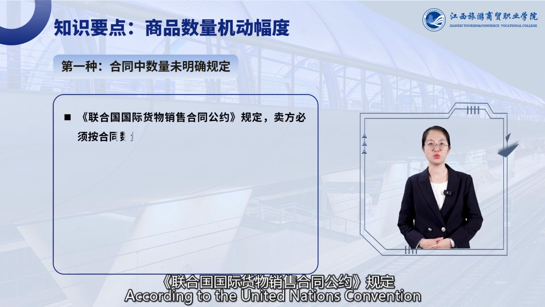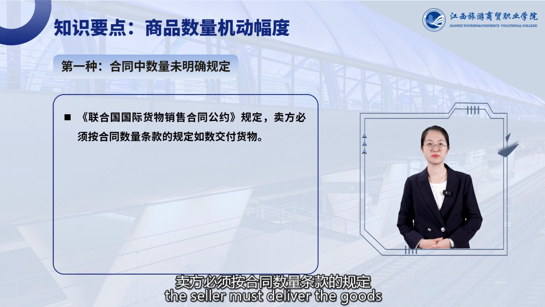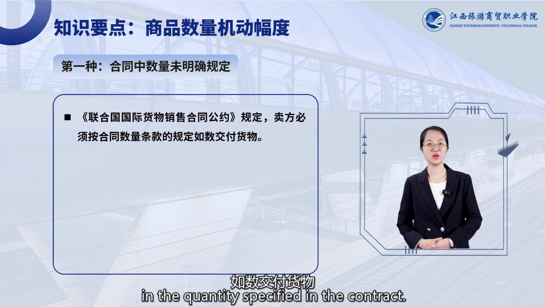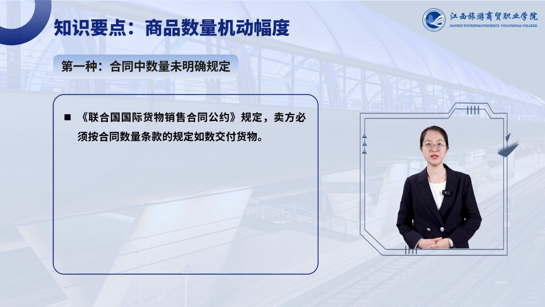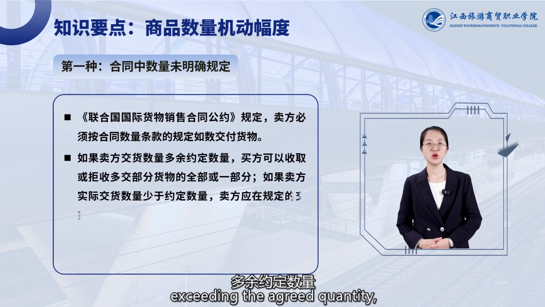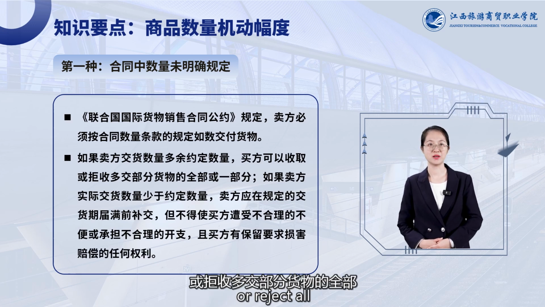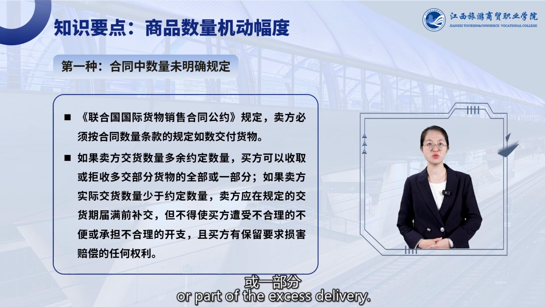According to the United Nations Convention on Contracts for the International Sale of Goods, the seller must deliver the goods in the quantity specified in the contract. If the seller delivers a quantity exceeding the agreed quantity, the buyer may accept the entire excess quantity or reject all or parts of the excess delivery.